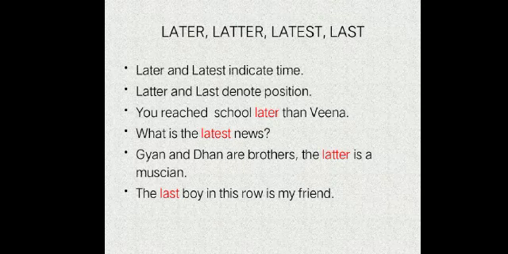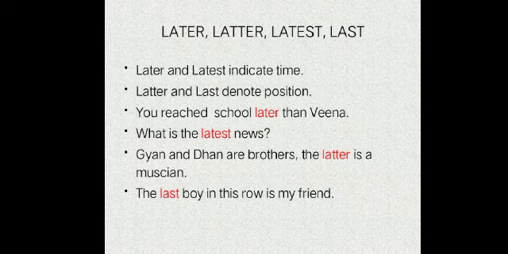Gyan and Dhan are brothers. The latter is a musician. So it shows what? It denotes position. Gyan and Dhan, two brothers are mentioned here, and then we are saying the latter is a musician. Then we should understand the latter means who is coming in the second position. Here two are shown, so the one coming in the second position is the latter one.